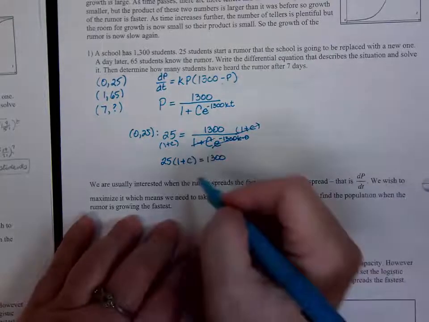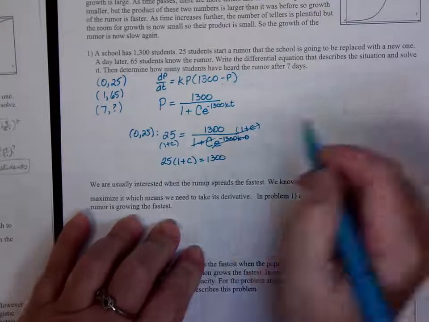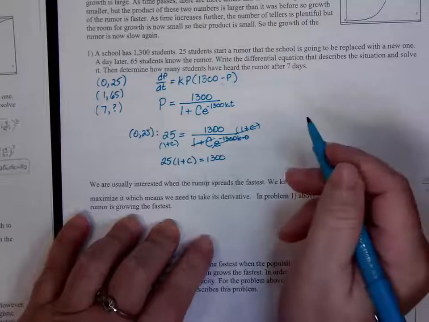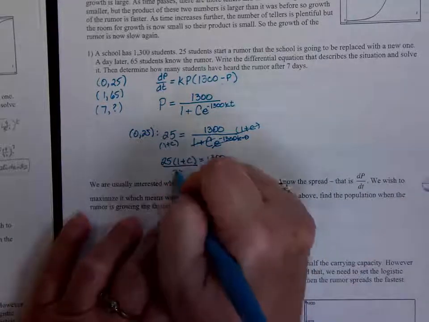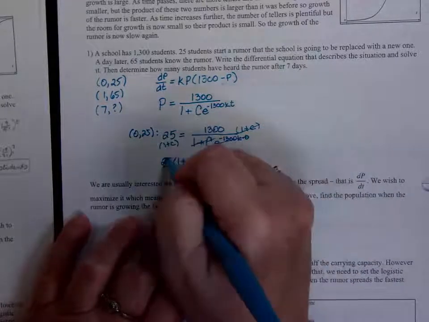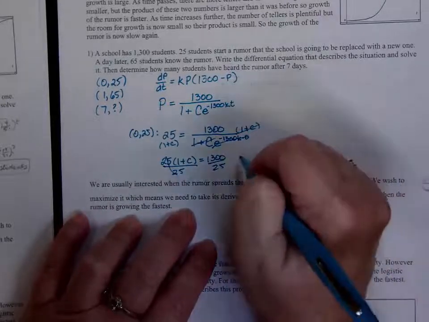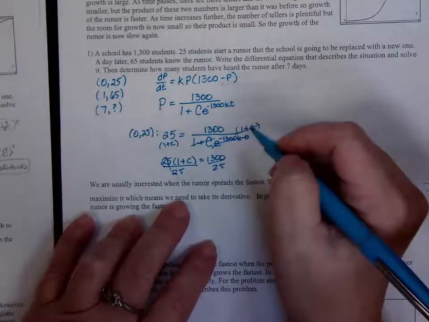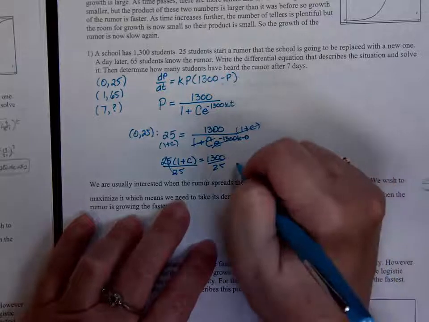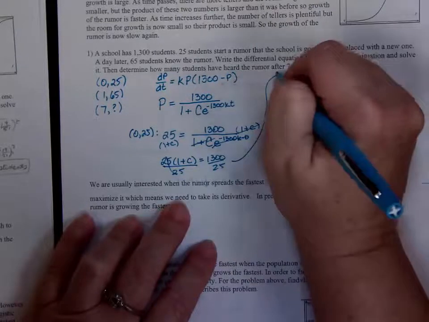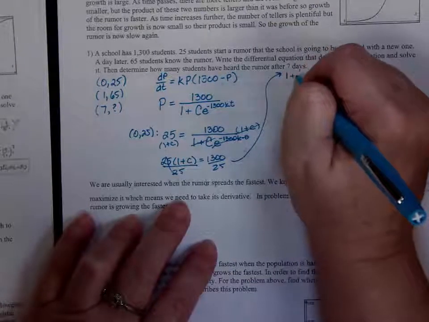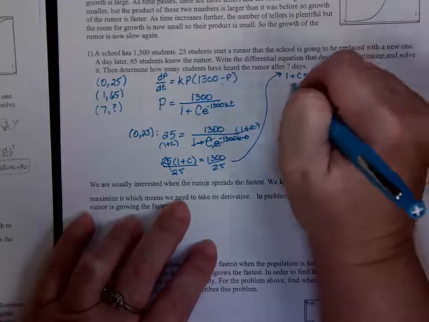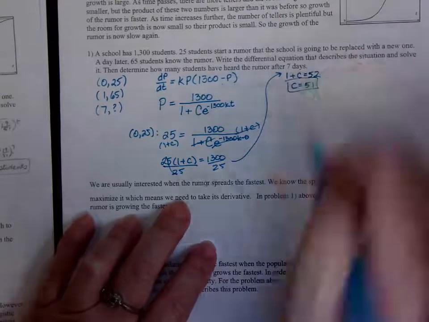All right. Now, instead of distributing the 25, I'm going to go ahead and divide it out. So divide both sides by 25. And I get, somebody take a calculator, what's 1300 divided by 25? So 1 plus C equals 52, so C equals 51.